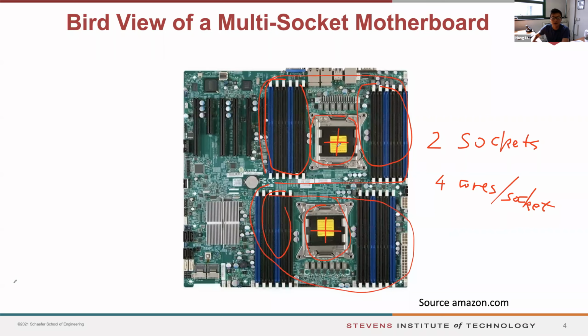It's actually called NUMA architecture, non-uniform memory access. Basically, when a thread from this socket accesses either this memory or this memory, it has to go through the processor interconnect, and then from the interconnect to the DRAMs. Similarly, from here to the remote memory. So we say this is non-uniform memory access. We're going to talk about this later.